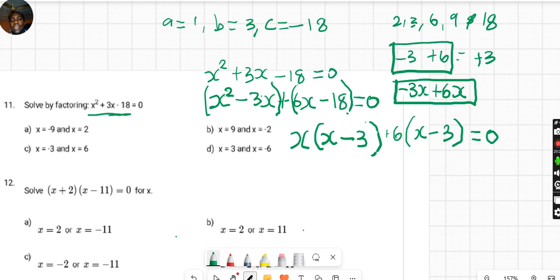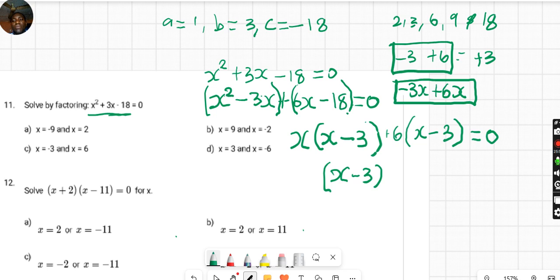So what do we do next? If you look at these brackets that we have, the values in the two brackets are the same. We have x minus 3 in this first bracket and x minus 3 in the second bracket. So since they are the same, you pick one of them, that's x minus 3.